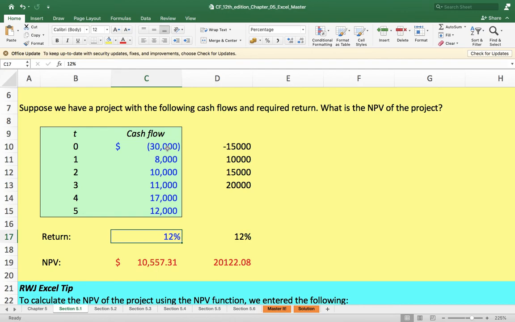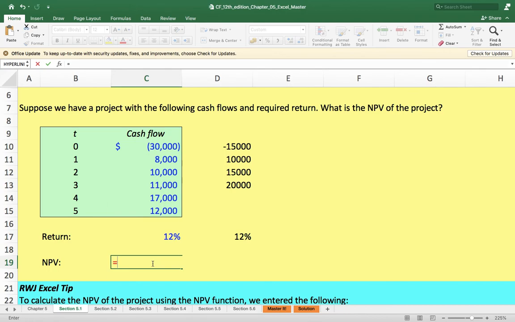Before going for the net present value, I will again tell you how to do it. We have the NPV formula. Use the NPV. First enter the cost of capital, comma, the projected cash flows from year 1, not the initial cash flow. So let us do it. Equal to NPV. It asks for the rate of return or cost of capital or discount factor, 12%.